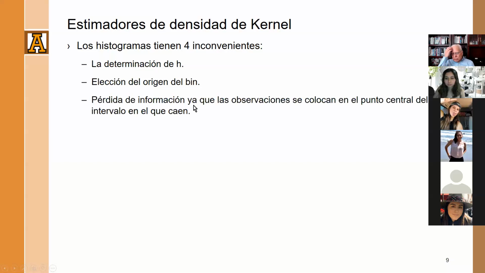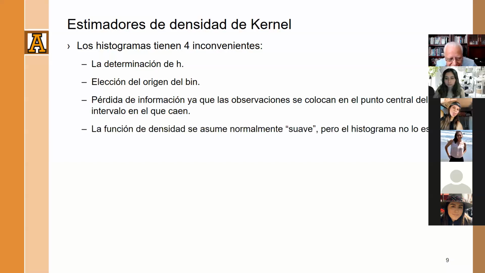We lose information because all of the observations in an interval are placed in the middle of that interval. And the density function of a continuous random variable is assumed to be smooth. However, the histogram is not smooth. It's just a bunch of rectangles, so it's not a smooth function. Those are the 4 drawbacks of histograms.